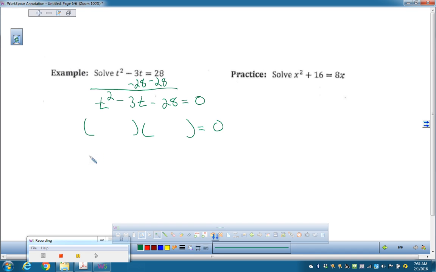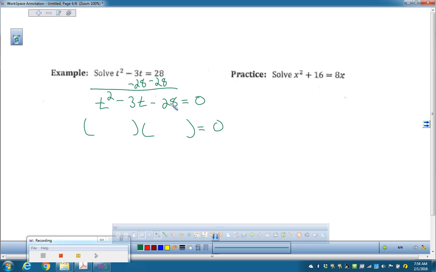So, how do we know when you want us to make it 0? Always. You can't factor it. You can't use the zero product property unless it's equal to 0 on the right-hand side. Because there's no other way to solve. So if you're factoring, it has to be 0 on the right-hand side.